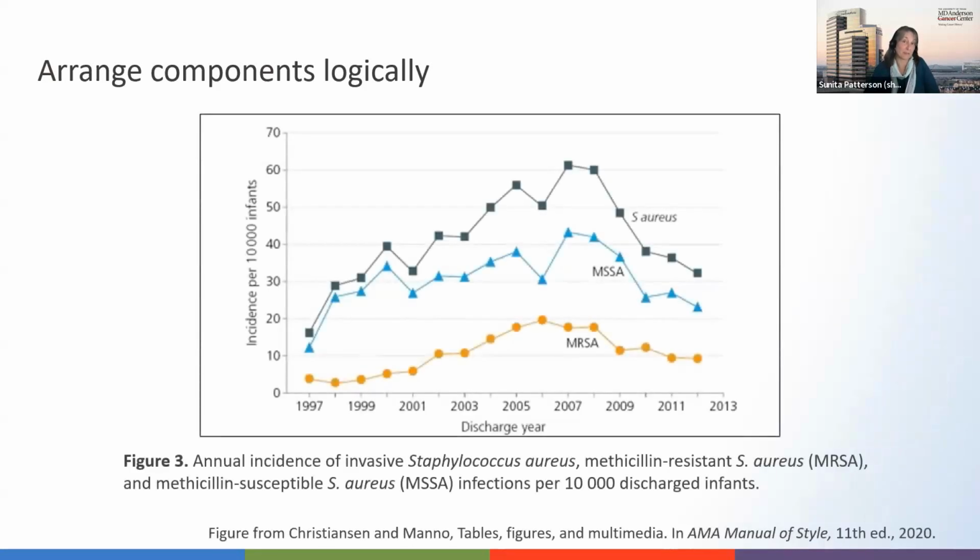For example, here's a simple line graph comparing annual incidence of 3 types of Staphylococcus aureus infections in infants discharged from the hospital, covering the period 1997 through 2012. The x-axis shows the independent variable, year of discharge. The y-axis shows the dependent variable that was measured, the incidence of infections per 10,000 infants.